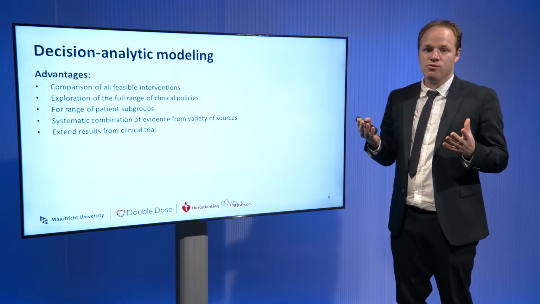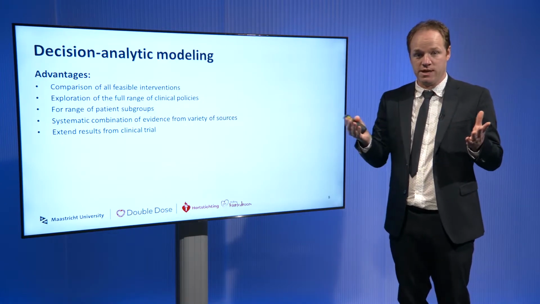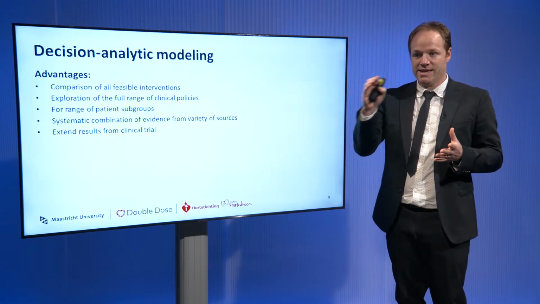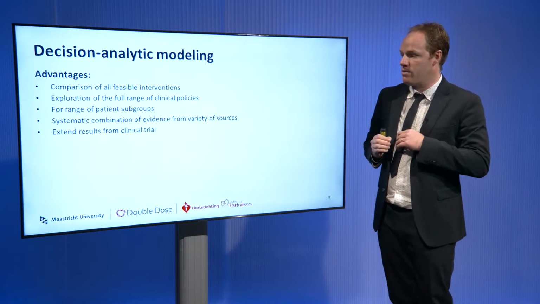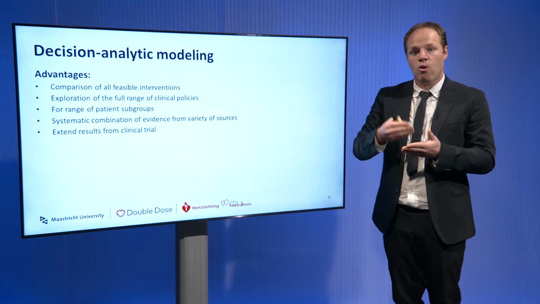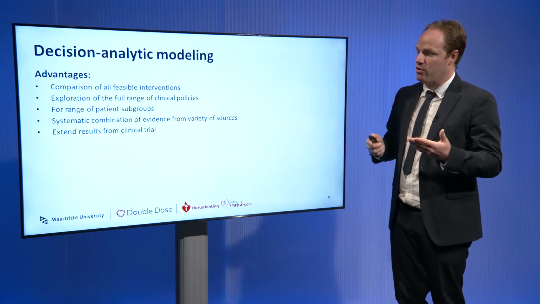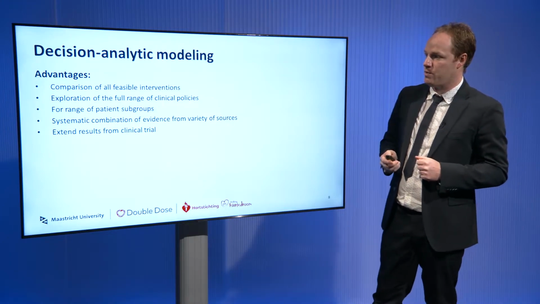It also allows to systematically combine evidence from different sources, and we can combine efficacy data from different trials. And finally, it extends results from clinical trial over the long term to really capture the long-term benefit of intervention.